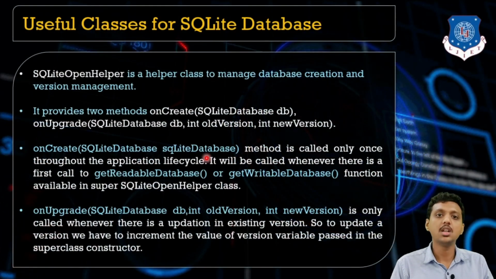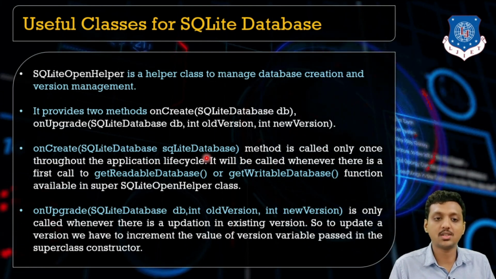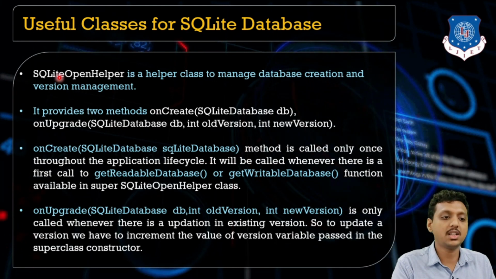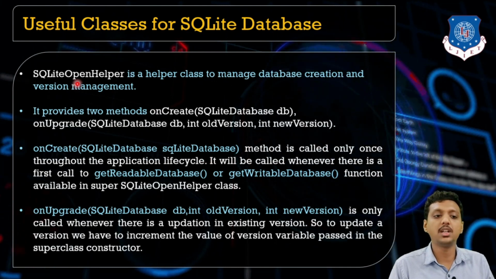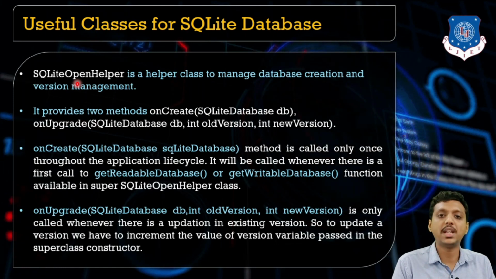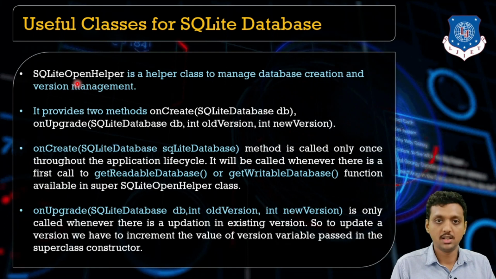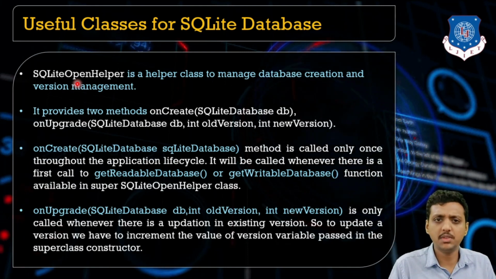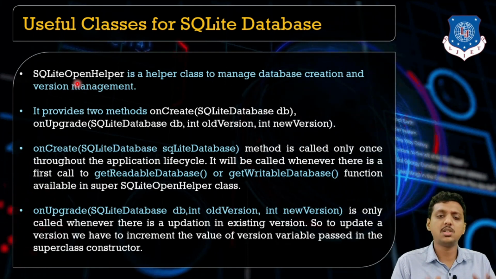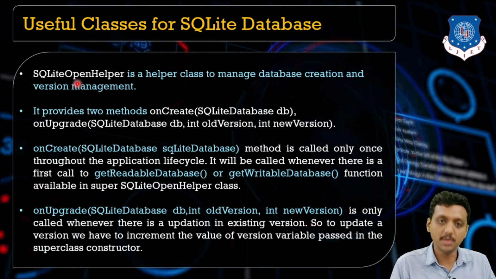Now, let me move towards the important classes for the SQLite databases. The first class is SQLiteOpenHelper. SQLiteOpenHelper is a class to manage database creation and version management. Okay, sir, what do you mean by version management over here? Students, just imagine a situation where I create a database which contains 2 or 3 tables.